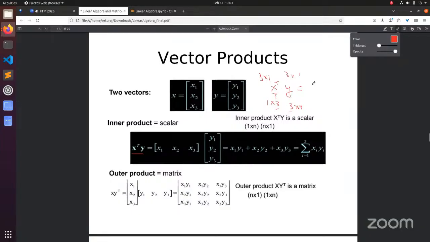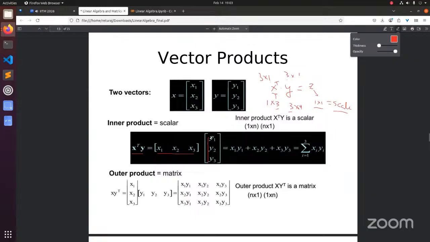The resultant matrix, say it becomes Z, and what is the size of Z? 1 cross 1, sir. And 1 cross 1, we saw, is a scalar, right? Remember when we defined scalar, vector, and matrix? So 1 cross 1 simply became a scalar. You know how to do multiplication. So you have x1, x2, x3, and y1, y2, y3.